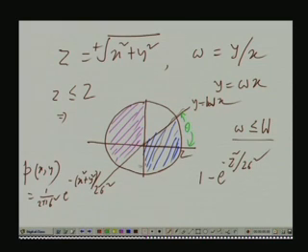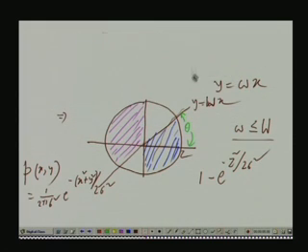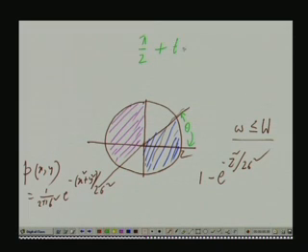So, this total angle is, let me erase some portion. So, this angle is nothing but pi by 2 plus tan inverse W. Let me call it theta prime.